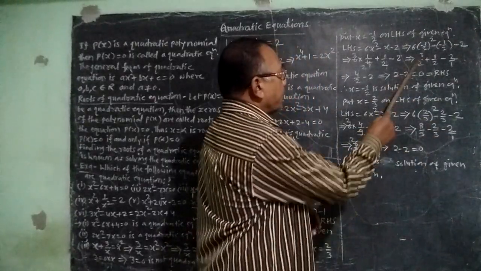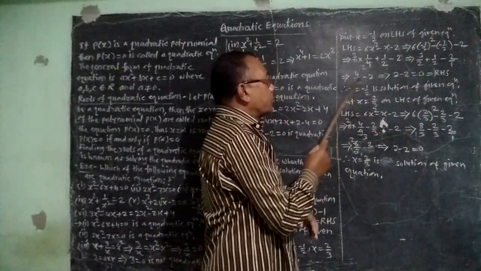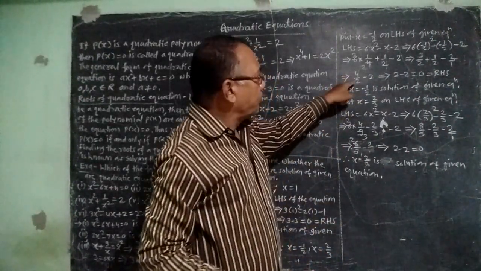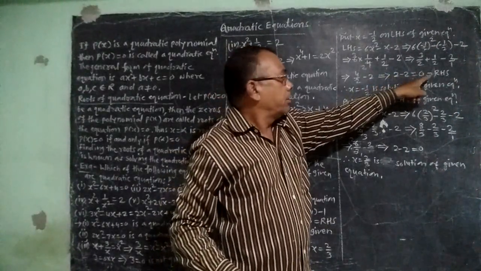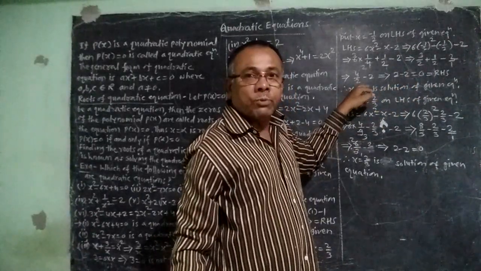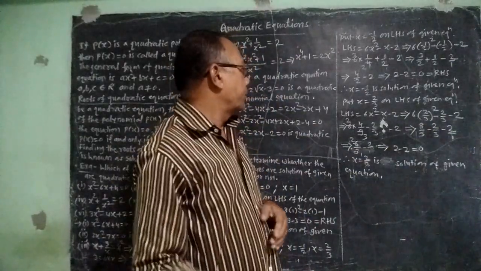Then 3 plus 1 is 4, because the denominator is the same. So 4 upon 2 is 2, minus 2, and 2 minus 2 is equal to 0, which is equal to RHS, and therefore x is equal to minus 1 upon 2 is the solution of the given equation.